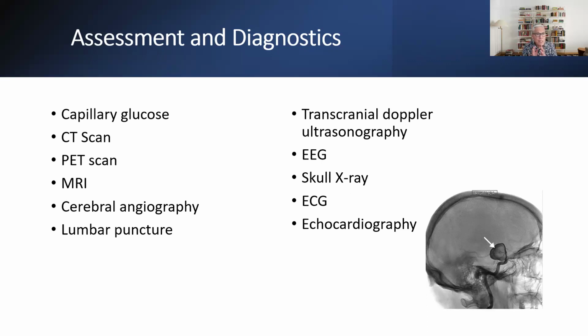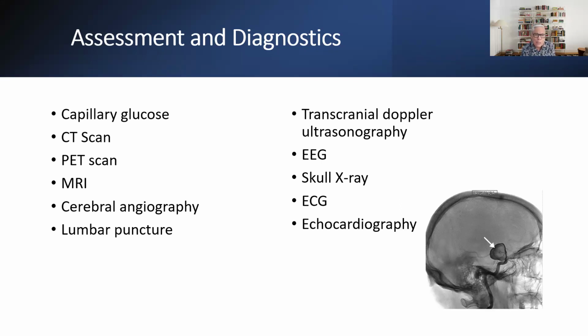But if it's an ischemic stroke, the intervention would be to give a fibrinolytic agent like alteplase, or a thrombolytic agent, to dissolve the blood clot. All right. So that's why CT scan is very important. PET scan also, this is going to measure cerebral metabolism.